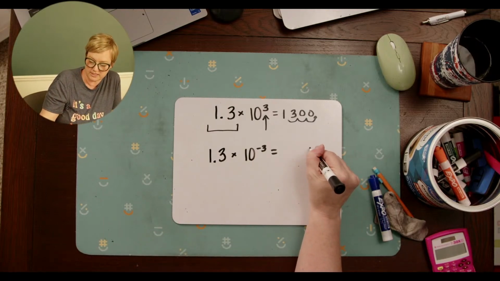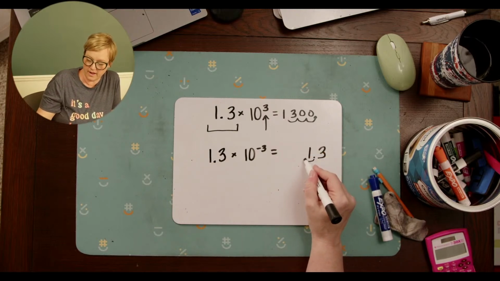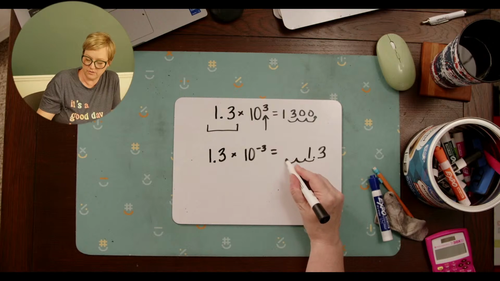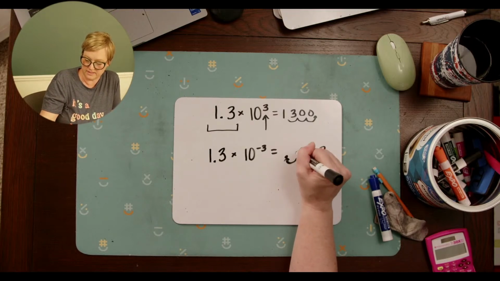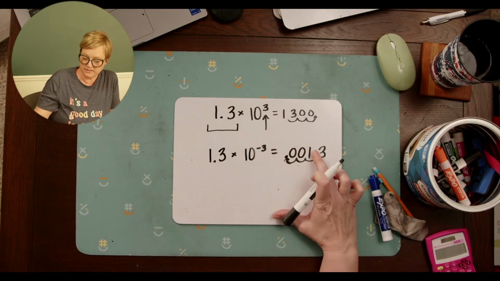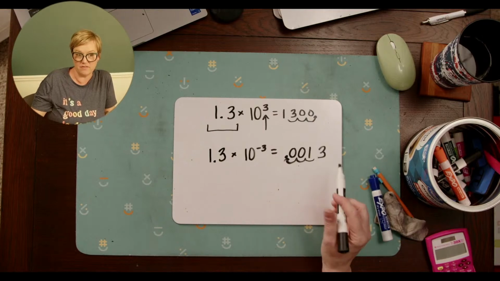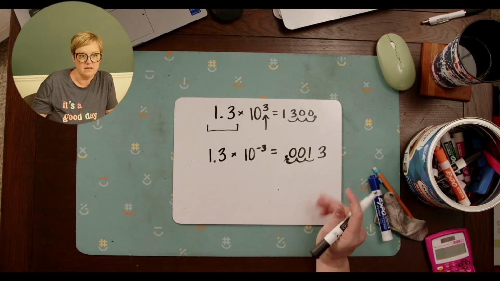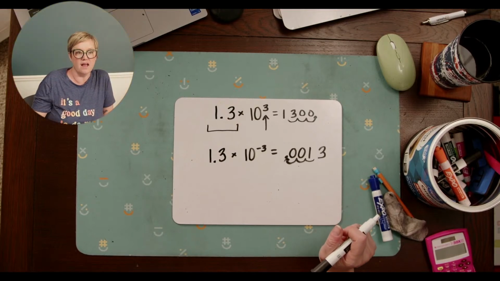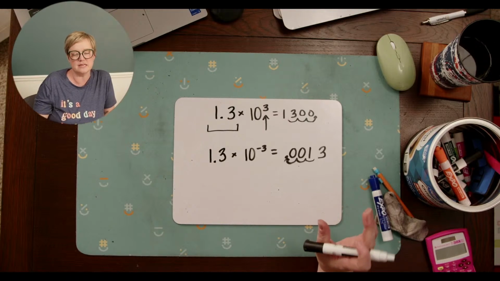So I set it up over here because I know I'm going that way. I go 1, 2, 3, and fill in with zeros. So 1.3 times 10 to the -3 is 0.0013.